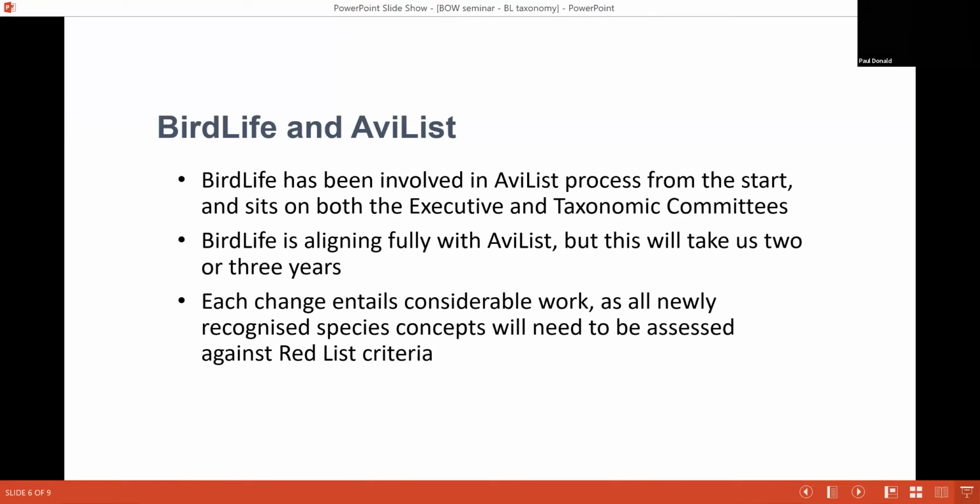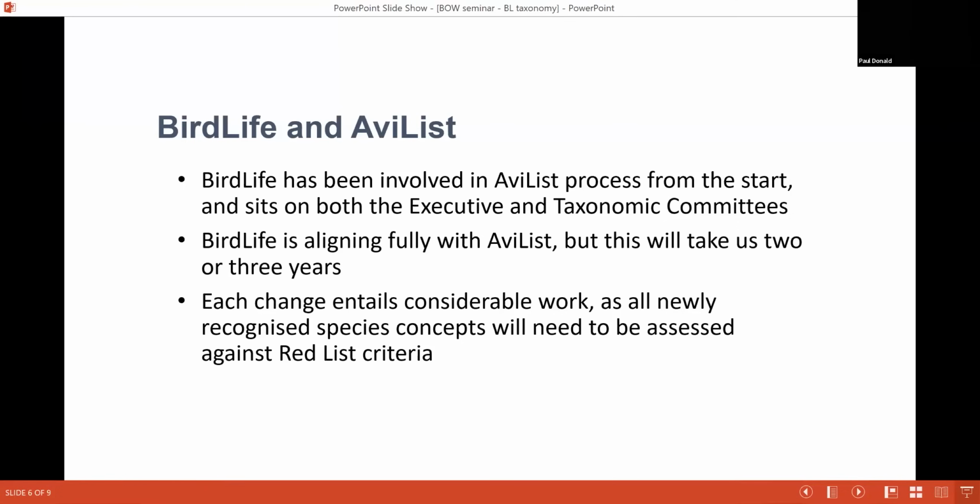We've been involved in AviList, not quite from the very start, but at least from the start of the kind of executive process. And BirdLife sits on both the executive and taxonomic committees of AviList. And we have taken the decision that we will align fully with AviList, just as IOC and Clements have done.